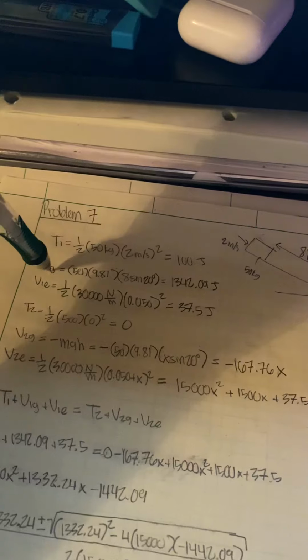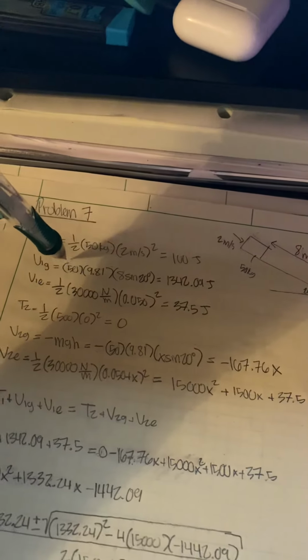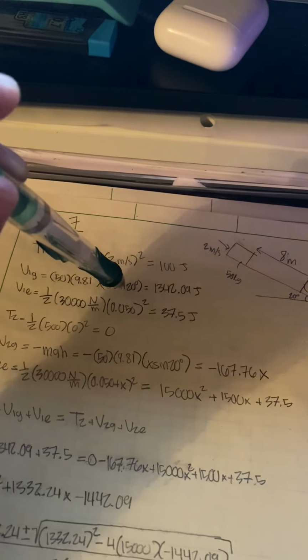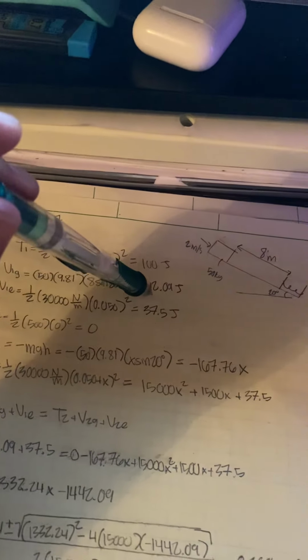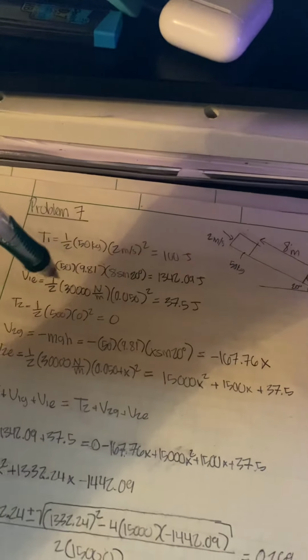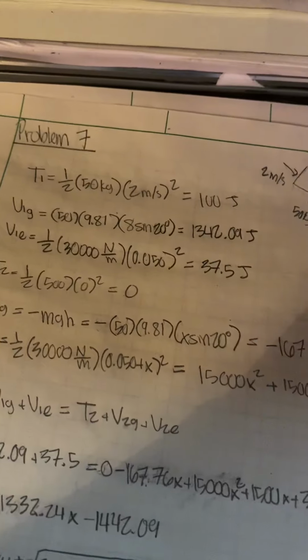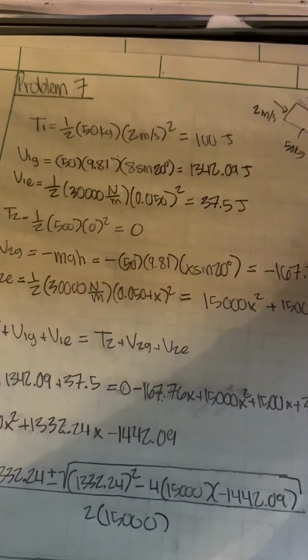And then we're figuring out the gravitational energy, which is the mass times the gravity times the height. Since there's an incline, it will be the sine of 20 degrees. So we get 1,342.09 joules. And then we get the other energy, which is the potential energy of the springs with the elongation.